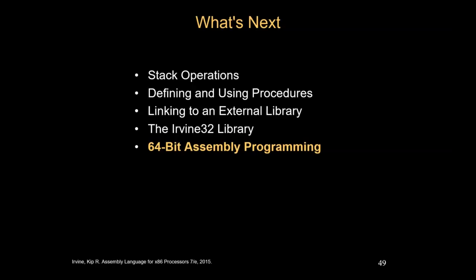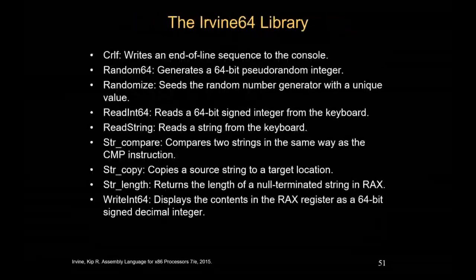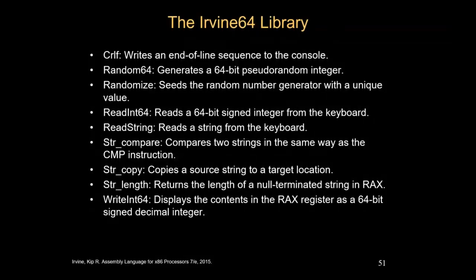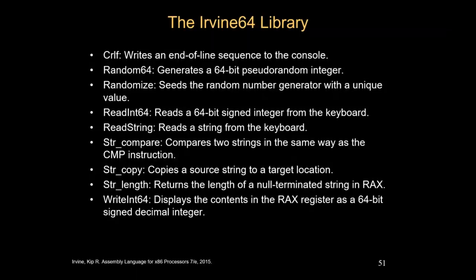So in 64-bit assembly language, in the Irvine64 library, you still have your Crlf. It also does the same thing. It writes an end-of-line sequence to the console. You have Random64, which generates 64-bit pseudo-random integers. Randomize, which seeds the random number generator with unique values.